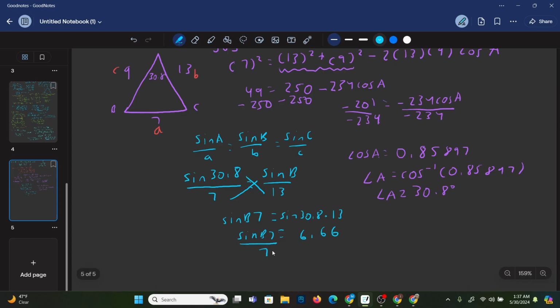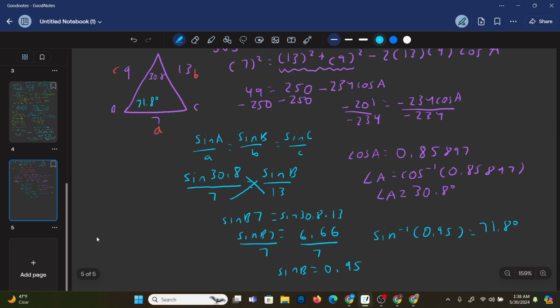We divide both sides by 7, and we get sine B equals 0.95. We're solving for an angle here, angle B, so that means we use inverse sine of 0.95. And that gives us an angle measure of 71.8 degrees. And that would be the measure of angle B.